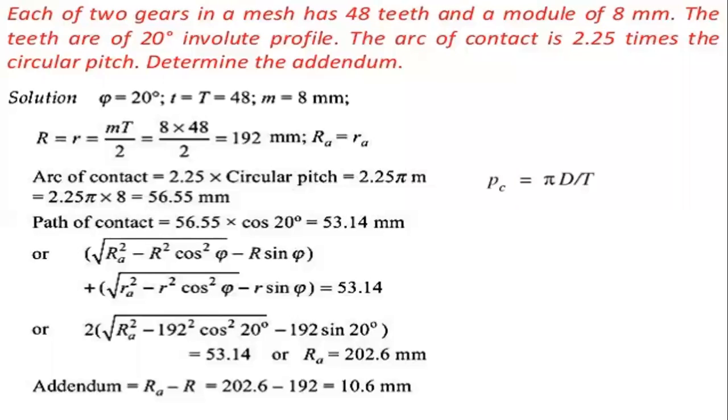The teeth are of 20 degrees involute profile, that is phi is 20 degrees, and the arc of contact is 2.25 times the circular pitch. We are going to determine the addendum from this.